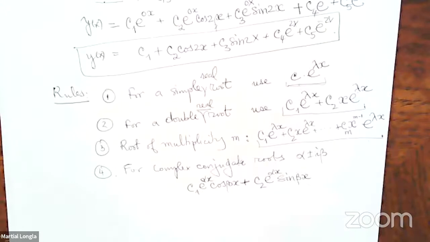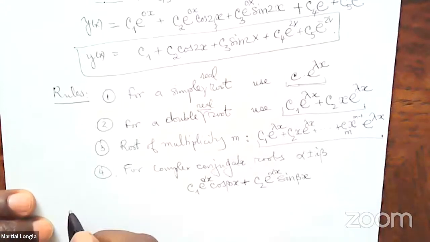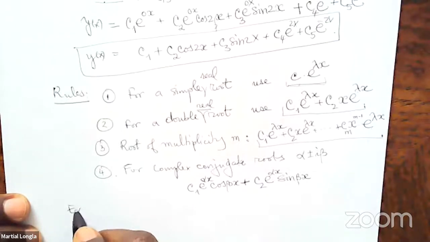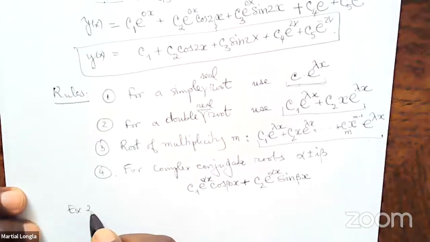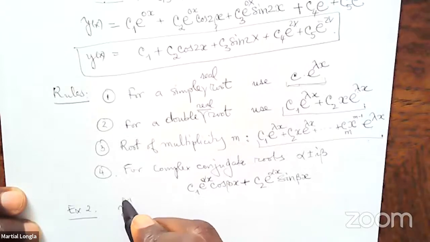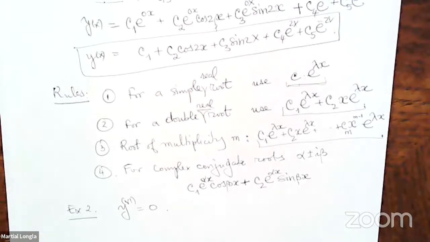All right, so let's look at another example, a crazy example that sometimes I like too much. Let's say we have the sixth derivative equals 0. Can you tell me what's the Euler equation here?